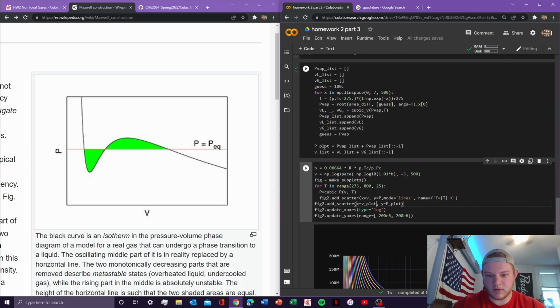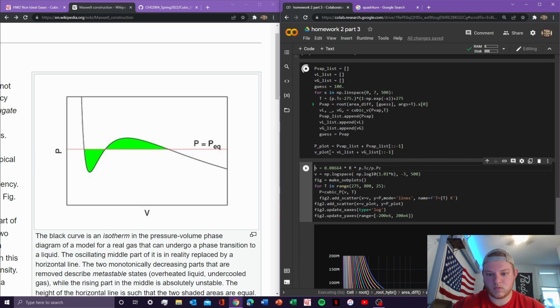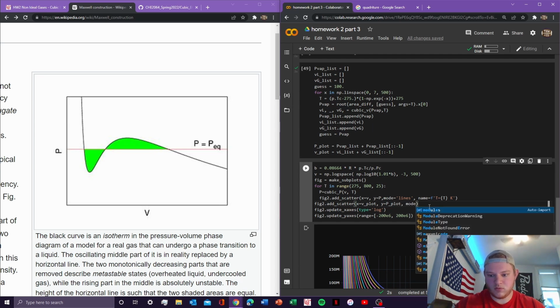We want our mode to be lines, and we want the color of this to be white so we can see it easier.